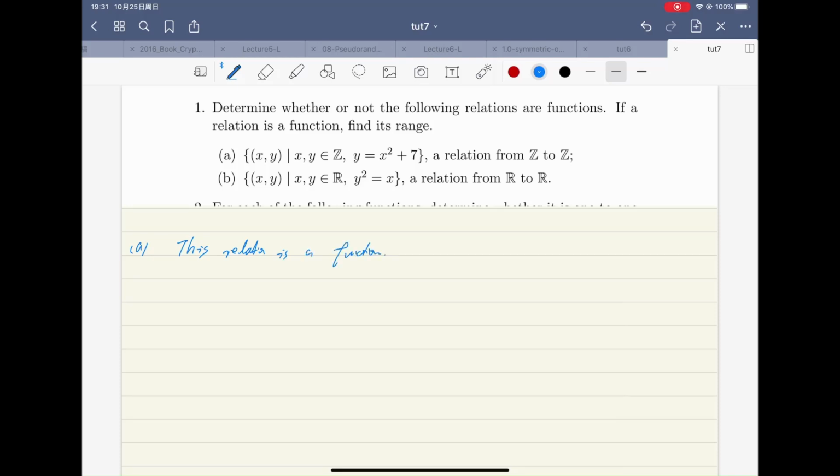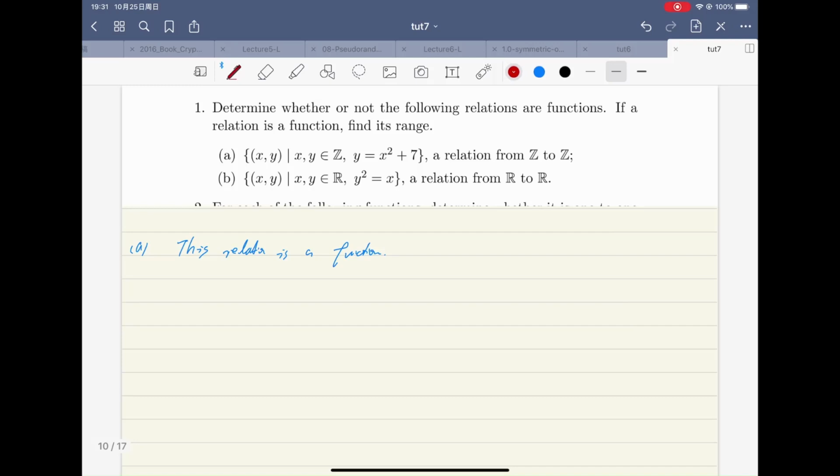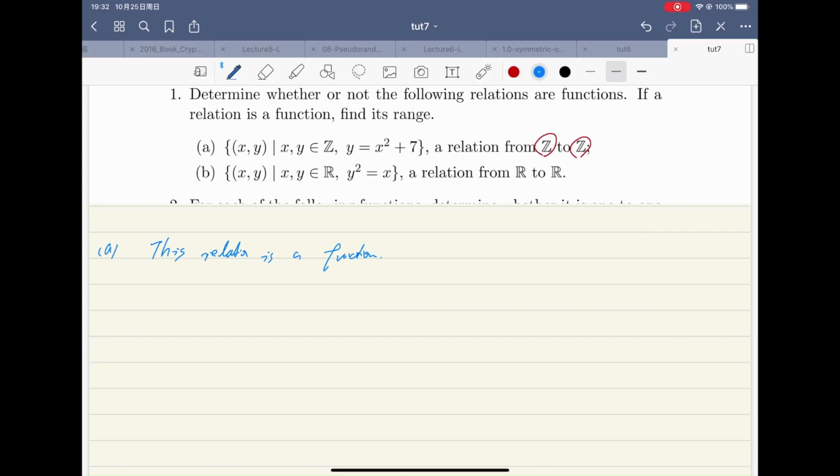The next part is, if the relation is a function, then find its range. So we have to find the range of the function. We know that this one is the domain and this one is the codomain. So you have to find the values in the codomain that make the equation valid. Let me try some values. Let x be 1, 2, 3, or something.